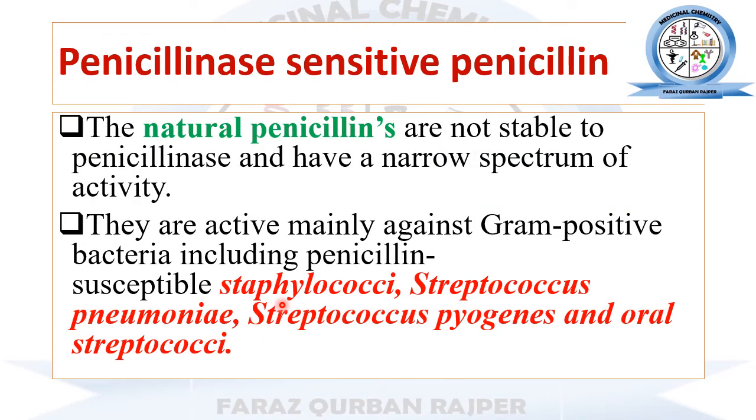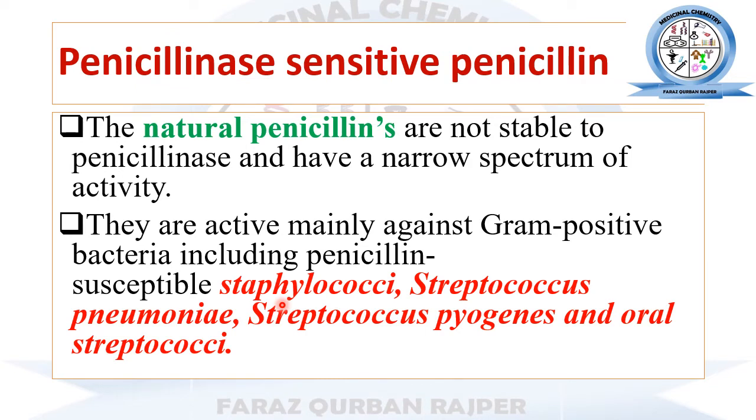Penicillinase-sensitive penicillins. There are certain penicillins that are sensitive to the penicillinase or beta-lactamase enzyme, meaning this enzyme will destroy these penicillins, and their activity will ultimately be destroyed. For example, the natural penicillins, penicillin G and V, are both penicillinase or beta-lactamase sensitive penicillins.